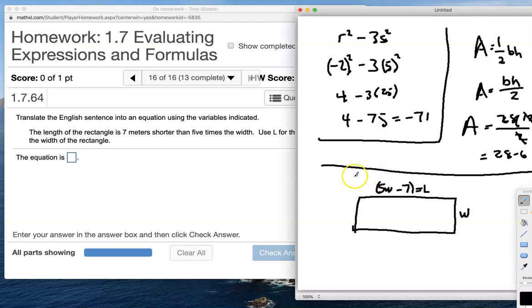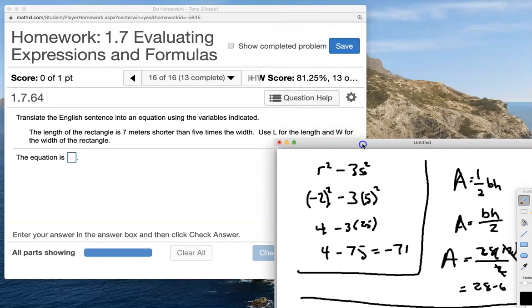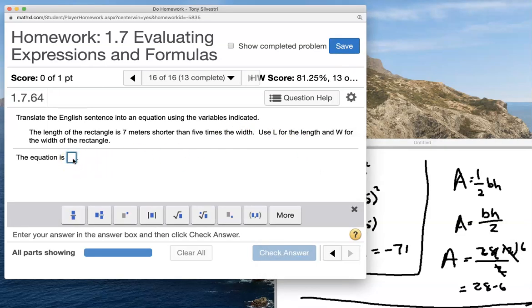Okay. Now, what do they want us to do here? Use the length. The equation, the length equals. I thought they wanted to give us the area.